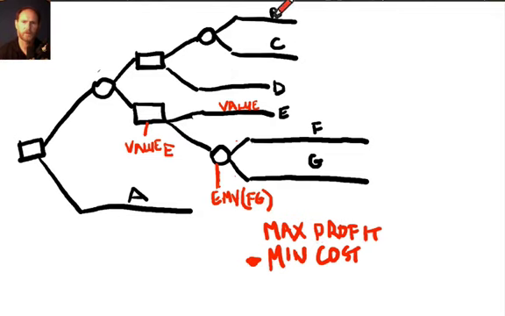And conversely, we could do this here. We'll call this EMV BC. And we'll call this value D. Sorry.